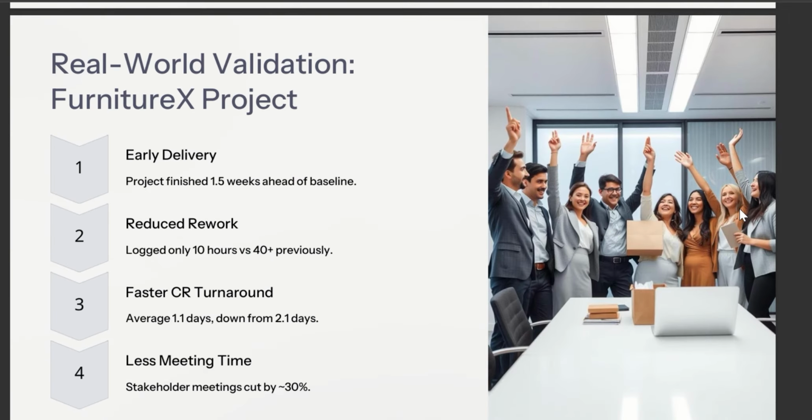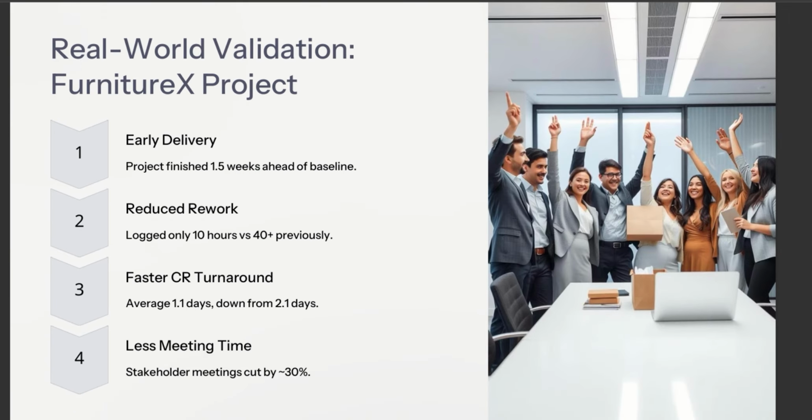There was also a real world validation. There was a project going on at United Soul, that was Furniture X, where these solutions were applied, and a few of the outcomes were that the project finished 1.5 weeks ahead of its deadline, and there was reduced rework, faster CR turnaround, and less meeting time.